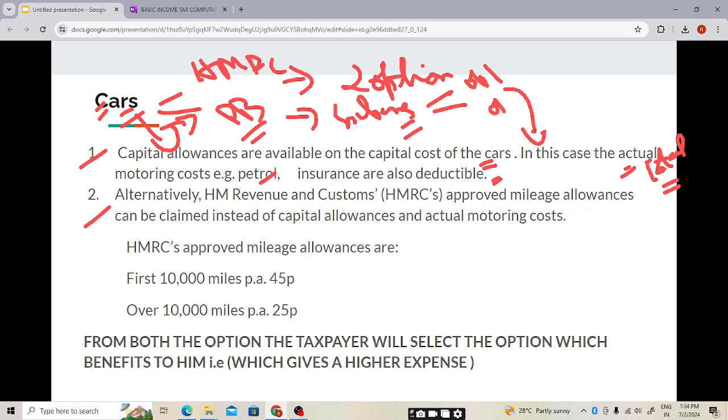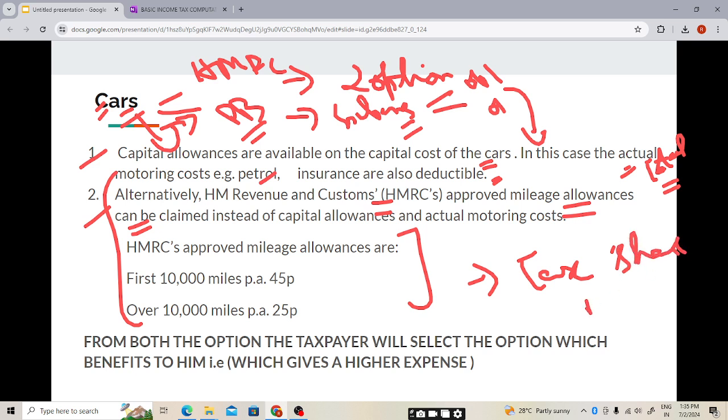But the second alternative provided by HMRC is approved mileage allowances. These approved mileage allowances are provided in the tax rate sheet. What does this approved mileage allowance say?